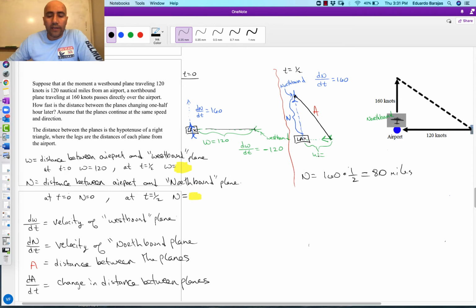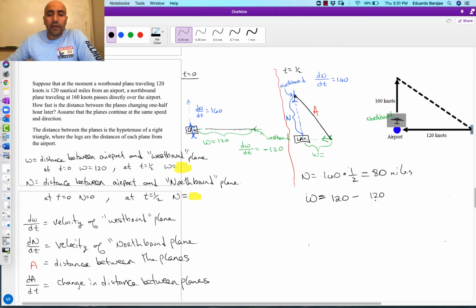And then likewise for W, we are traveling at a fixed speed of 120. W is equal to, okay, you were 120 miles away at time equals 0, and then you're chipping away at that because you're getting closer and closer to the airport at a speed of 120 nautical miles per hour.